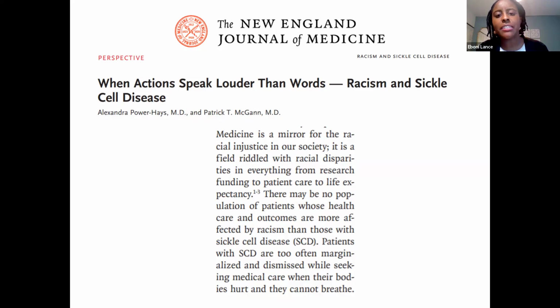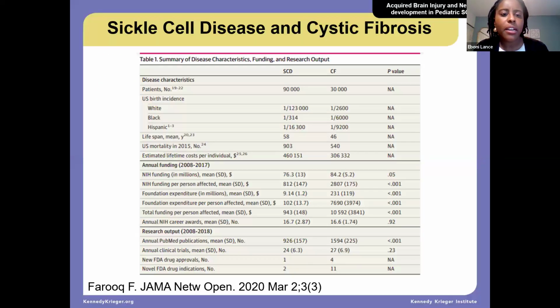In addition to that, there is also data comparing sickle cell disease to other diseases and noticing the impact of these things. And one of the most common diseases it's compared to is cystic fibrosis, another rare genetic disease. And you can see here that sickle cell disease approximately affects 3 times the people that cystic fibrosis affects, and again, predominantly affects people of color.